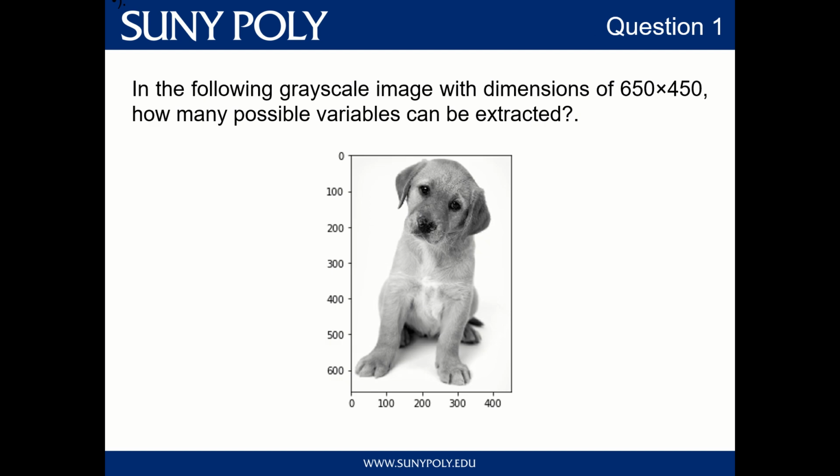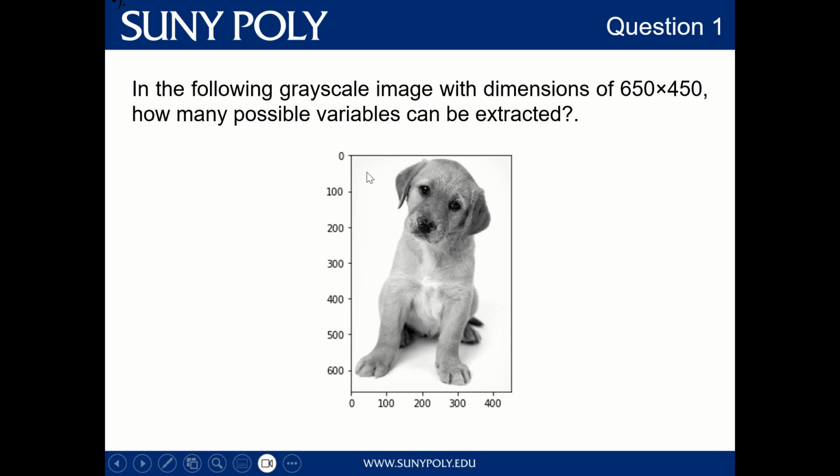So let me ask you a question. We have here a picture of a dog, and the dimensions are 650, that's the height, and the width is 450. Now, how many pixels do we have here? The number of pixels will be given by this multiplication. So that's close to 300,000 pixels.